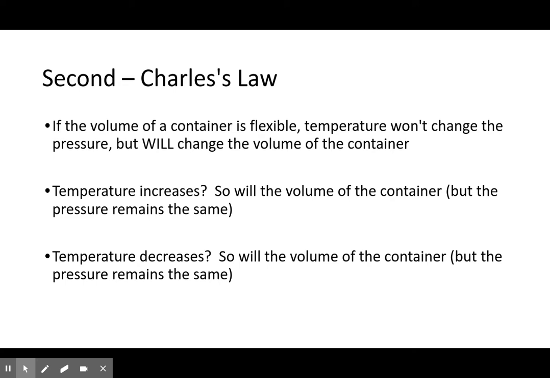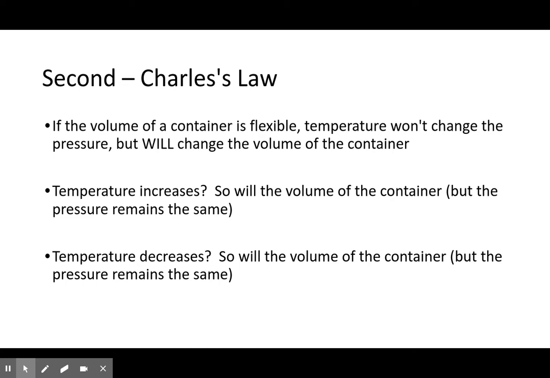And that means that the container of gas can grow and shrink. Charles figured out that the temperature won't change the pressure, but instead the temperature will change the volume of the container. If the temperature increases, the volume of the container increases, but the pressure remains the same.